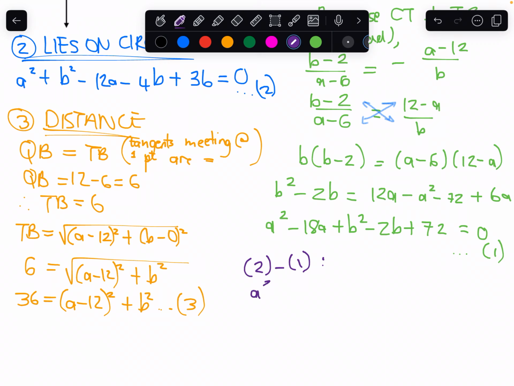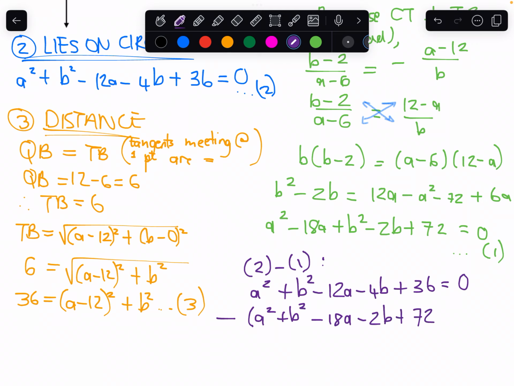So we've got a squared plus b squared minus 12a minus 4b plus 36 is equal to 0. And we're going to subtract a squared minus 18a plus b squared minus 2b plus 72 is equal to 0. Okay, so a squared minus a squared is just 0. B squared minus b squared is 0.